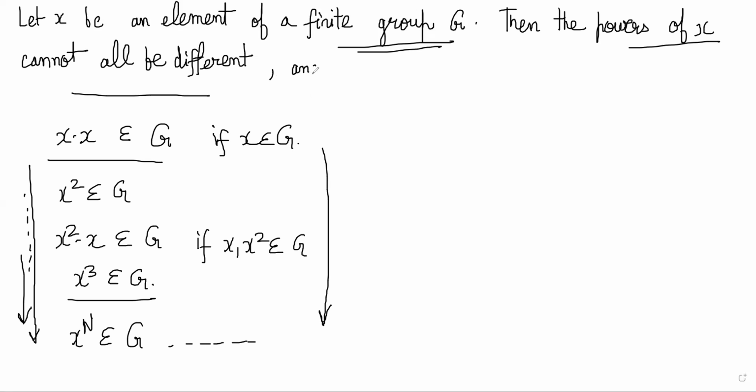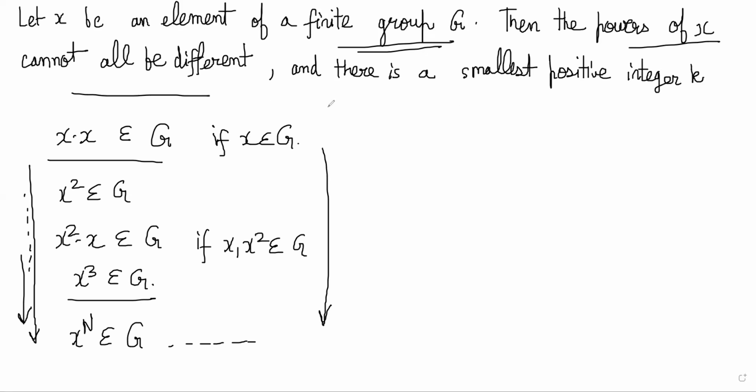And there is a smallest positive integer k such that x power k is equal to e, right?